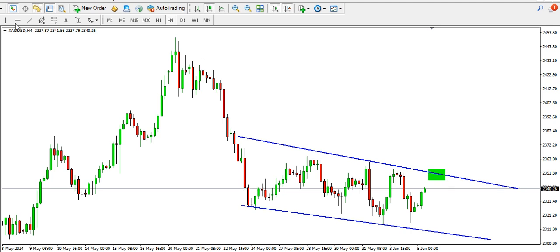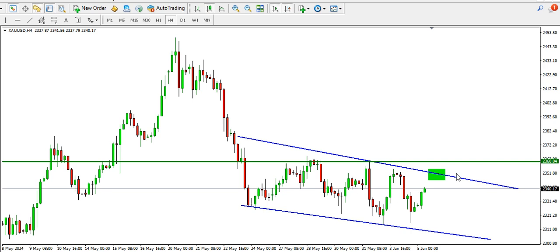Price might need to break the nearest high, which is at this level. But if price is unable to break this point, price might drop to the bottom of the channel to find buyers, and that is in confluence with this particular order block.